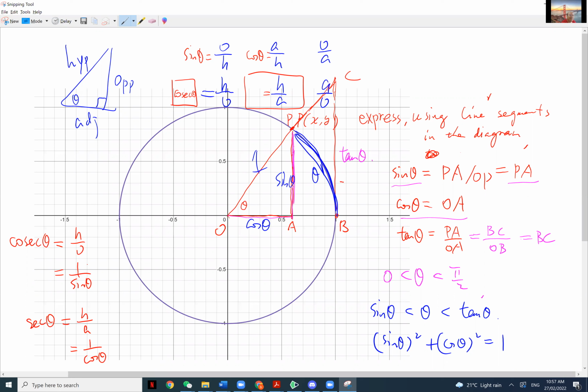And A over O is just 1 over tan, which is called cotan. Yes, it's called cotan. So we just defined 3 new ratios, okay?